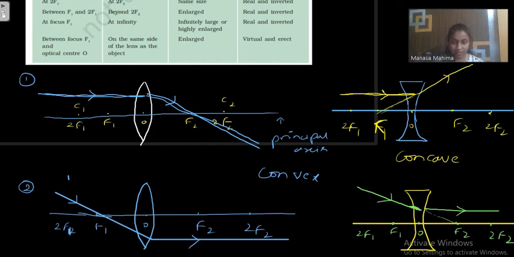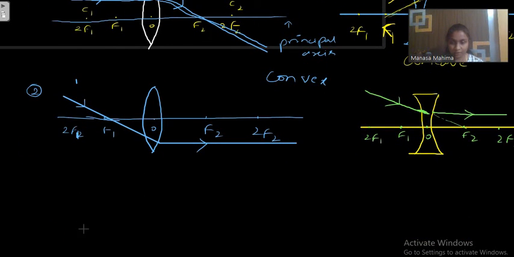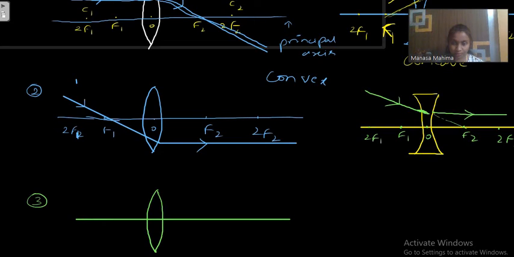One more case is there. What is that? We have to consider the convex lens, and we have to write the principal axis, correct? And we have to mark here F1, 2F1, F2, 2F2.